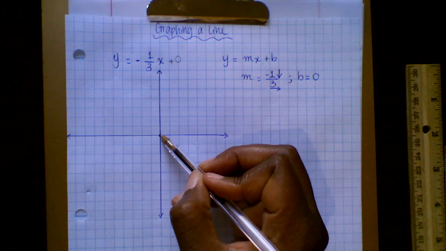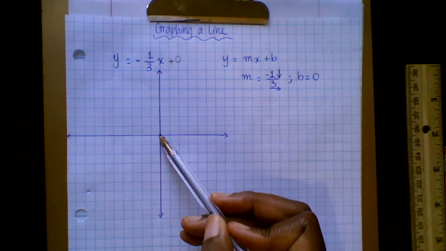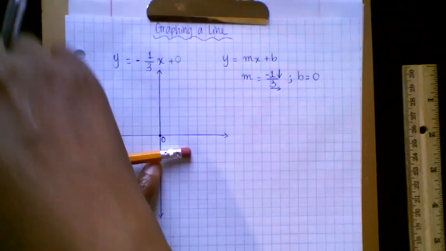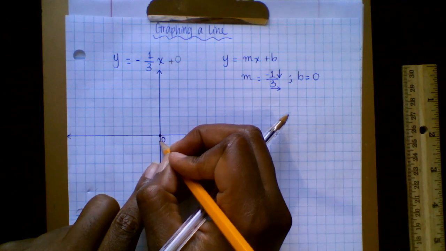So let's go back. I'm going to start from the y-intercept, which is 0. Then I'm going to go down 1. Let's count: 1 unit down.